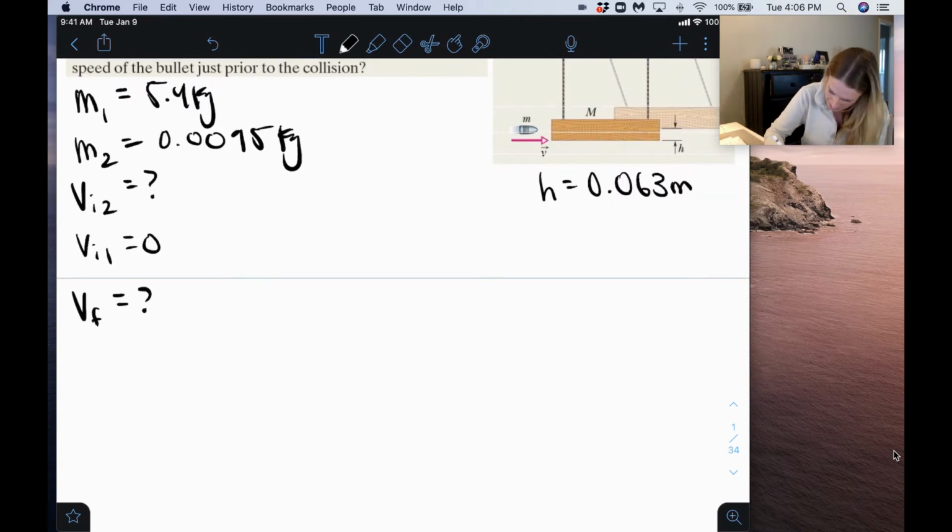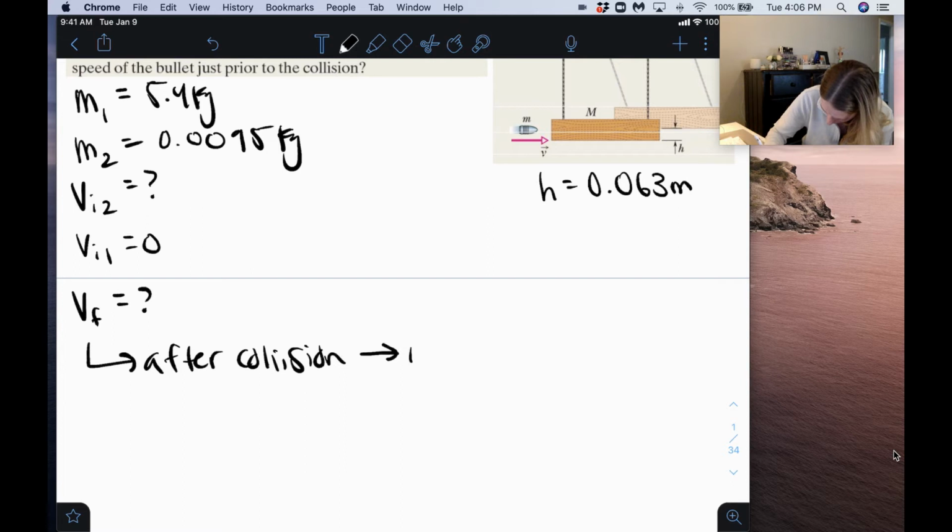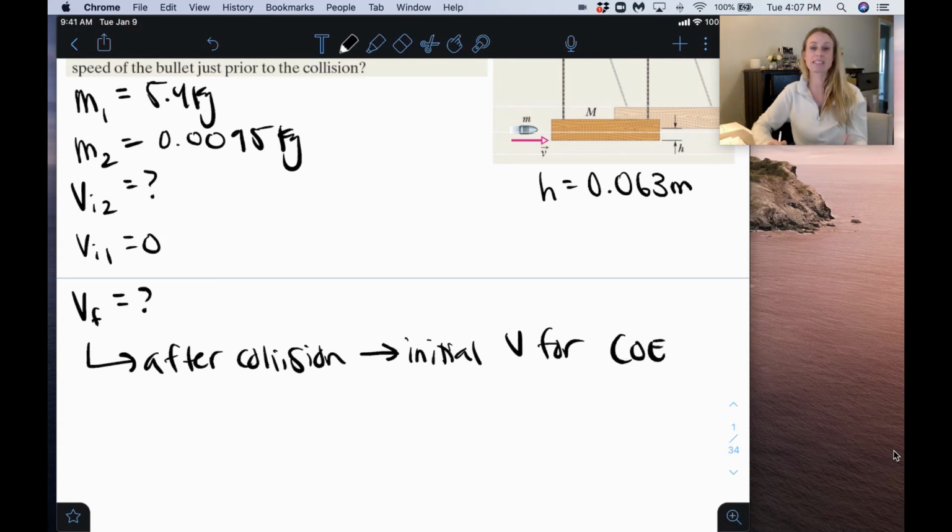So this is after the collision, and this will be the initial V for conservation of energy. Because again, that bullet's going to give the block a velocity, and that kinetic energy then becomes potential energy as the system swings upward. So first and foremost, we have to use conservation of energy to find that velocity.